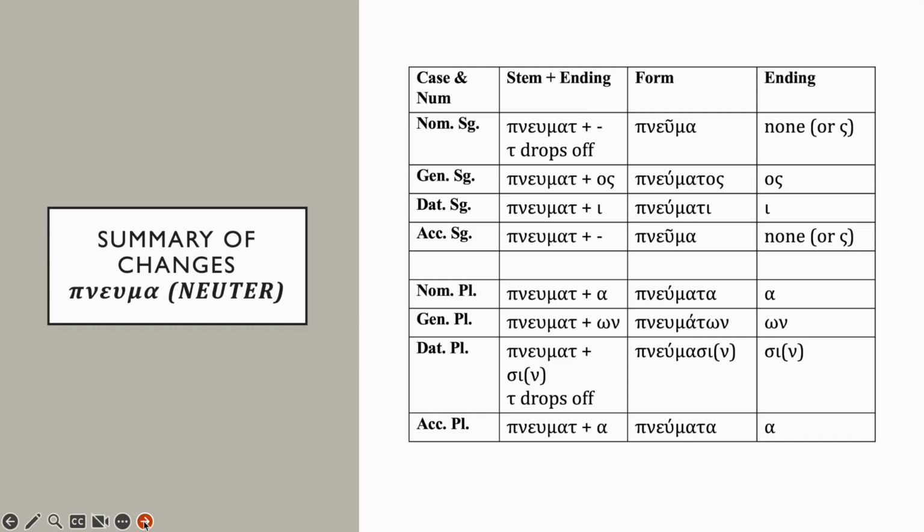Next, we want to talk a little bit about a neuter noun like pneuma or anima or soma. Here we see that its true stem has a tau, and when the tau encounters a sigma, it drops off.